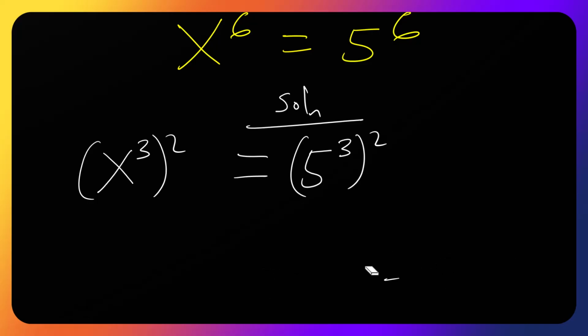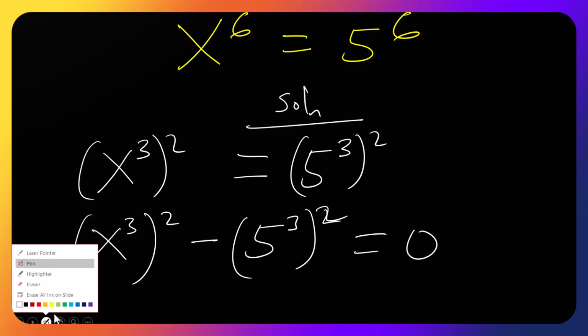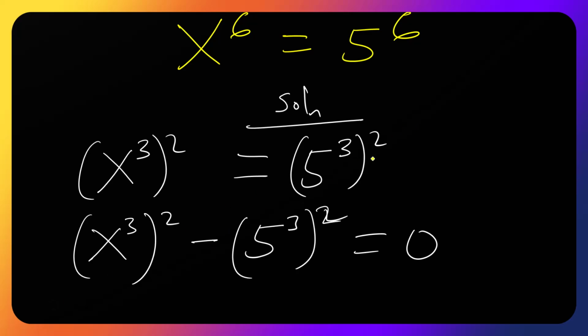Okay. Now the next thing is to send this one over. So that will be x cubed, all squared, minus 5 cubed, all squared, equals 0. Now let's make good use of the difference of two squares.